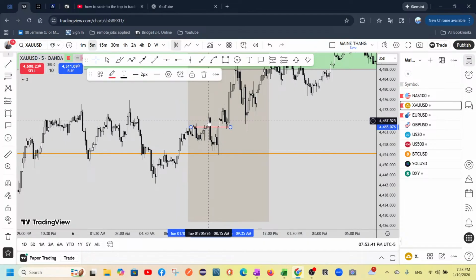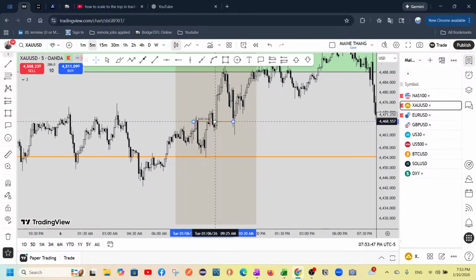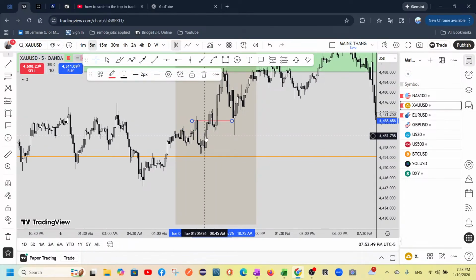We get a break right here around 8. Price retraces, kind of takes out this low, and then we get another break here before market open. Then market opens at 9:30 and shoots on up.